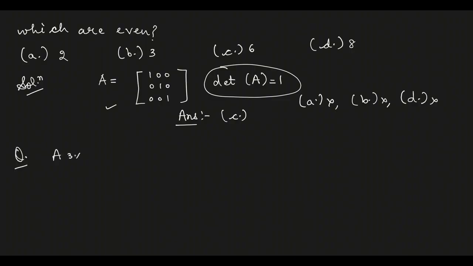If A is a 3 cross 3 matrix whose eigenvalues are 0, 1, minus 1, and the determinant of A is 0, obviously, because one eigenvalue is 0.